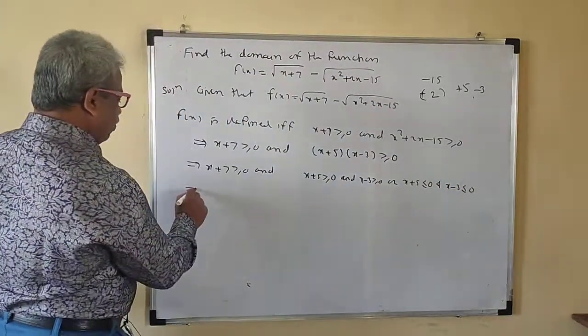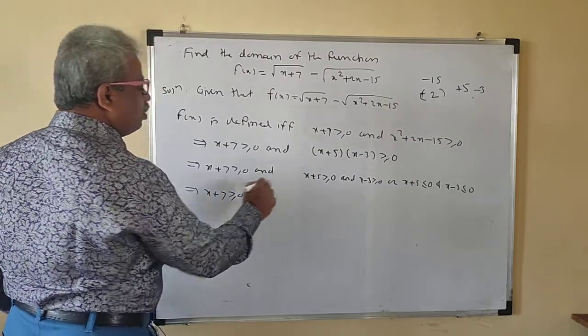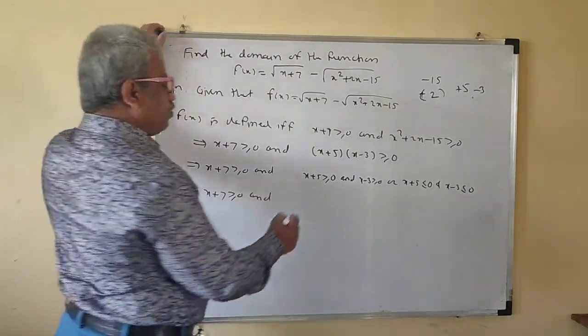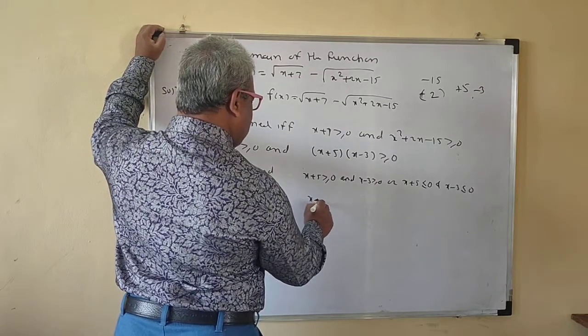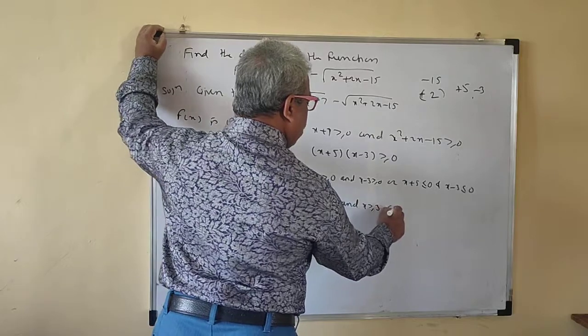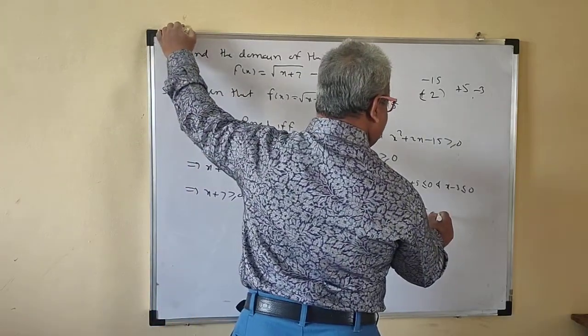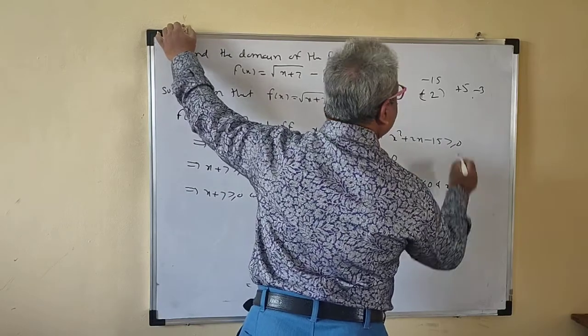So x is greater than or equal to minus 5 and x is greater than or equal to 3, or x is less than minus 5 and x is less than or equal to 3.